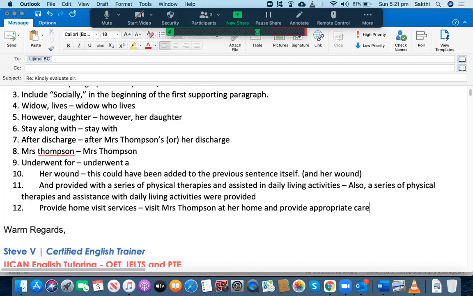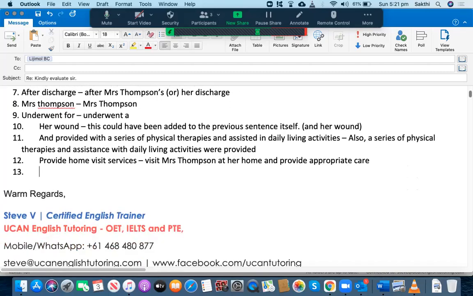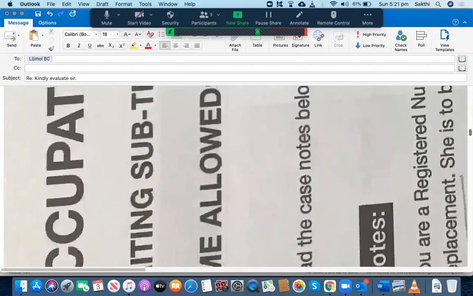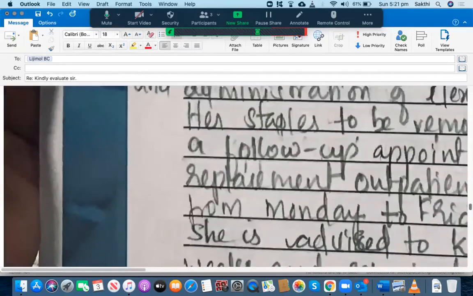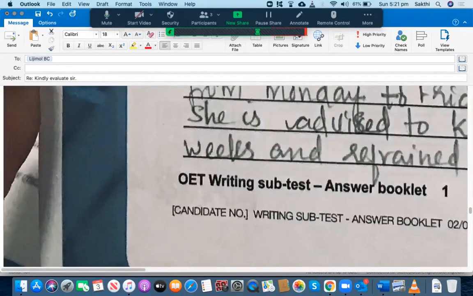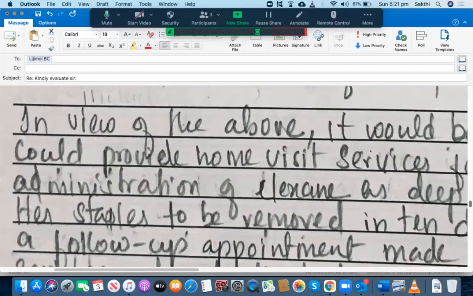You could have written it like this. All right. Let's go through the next sentence. So what is the next sentence?